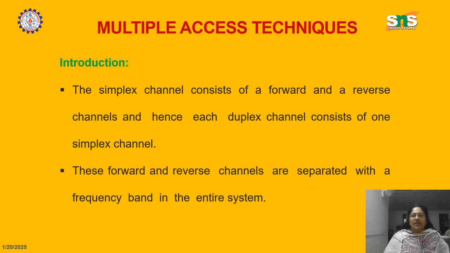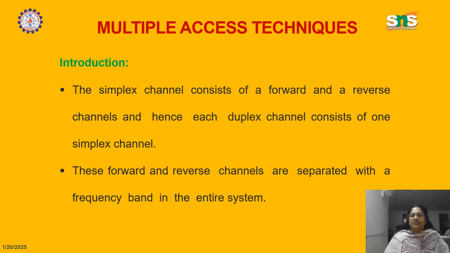Introduction. The simplex channel consists of a forward and reverse channel, and hence each duplex channel consists of two simplex channels. The forward and reverse channels are separated with a frequency band in the entire system. So there are three types of system: simplex, half duplex, and full duplex.